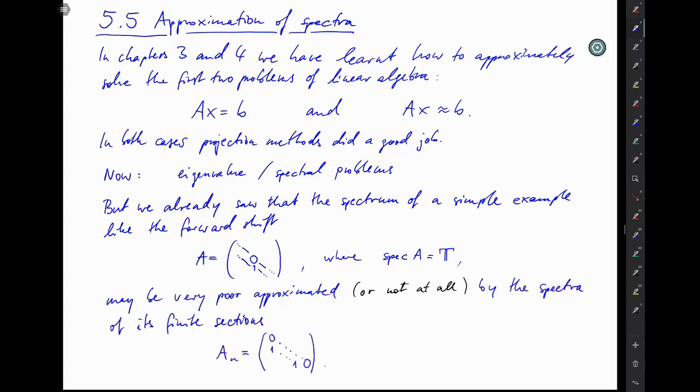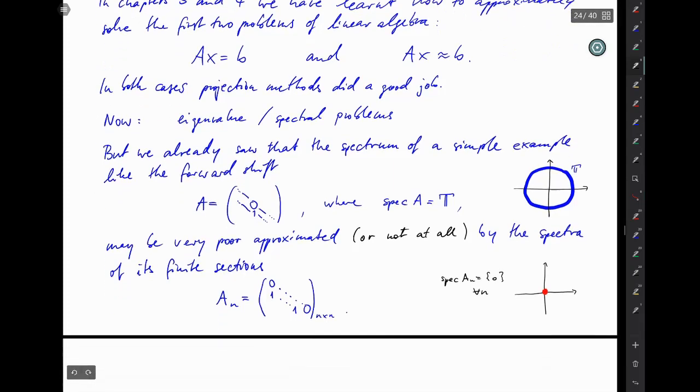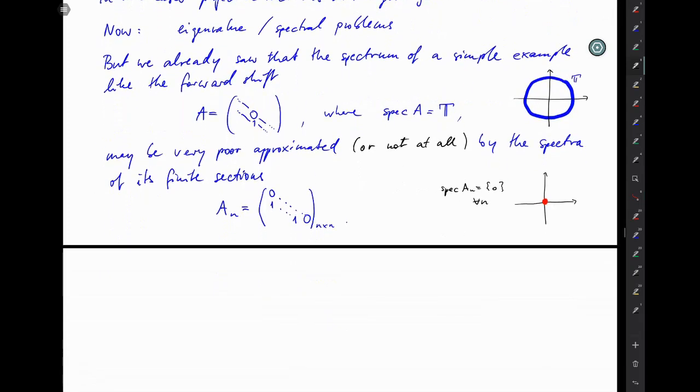So for the forward shift, on the one hand we have the unit circle, and on the other hand there is just the origin. And no matter how large you make your n here, the spectrum is always going to be just the point, the set consisting of the point 0. And unfortunately, this is what typically happens.